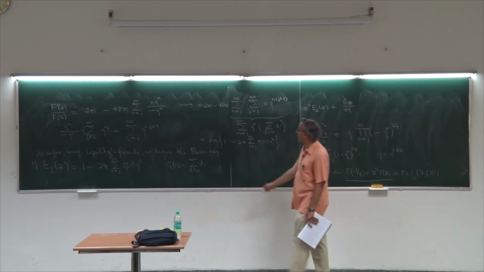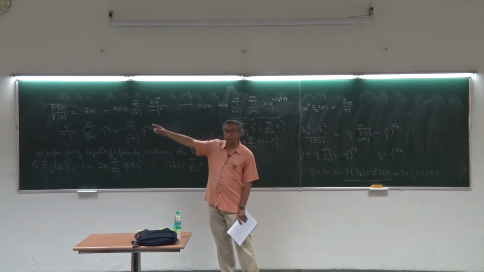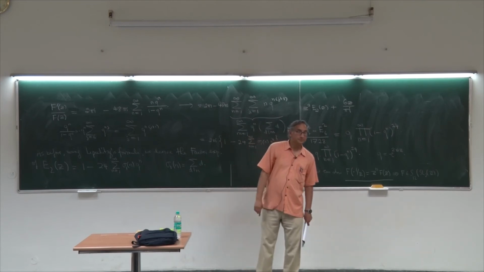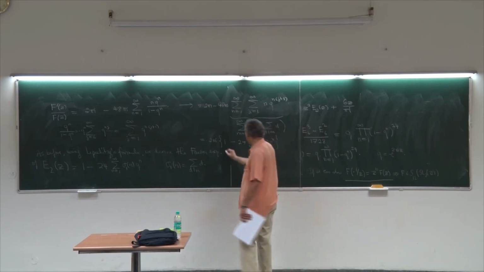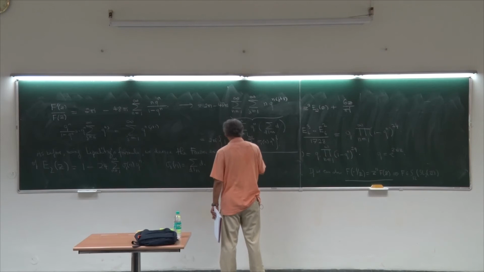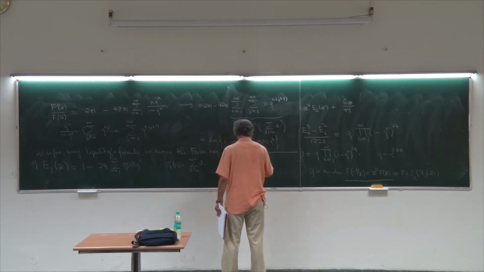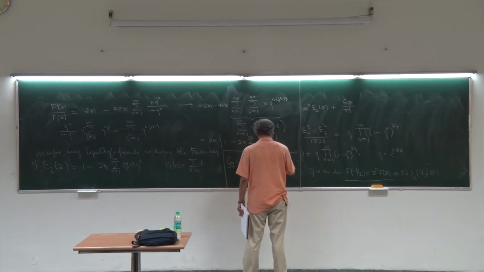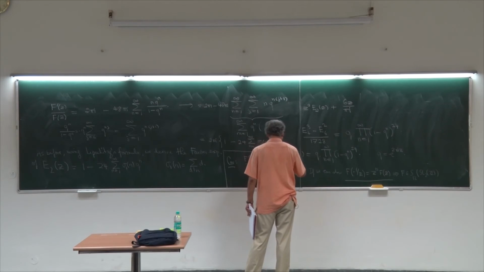So therefore, this guy, f prime of z over f of z, is equal to 2 pi i times E2. Okay, so we get the corollary. f prime of z over f of z is equal to 2 pi i times E2 of z.